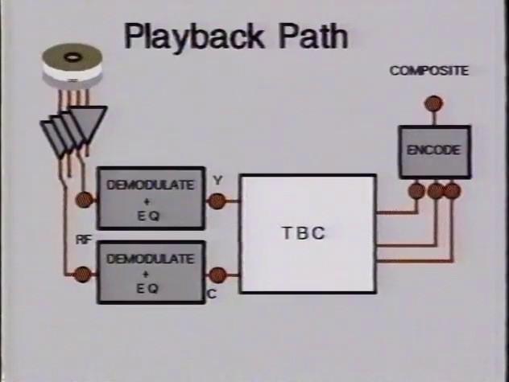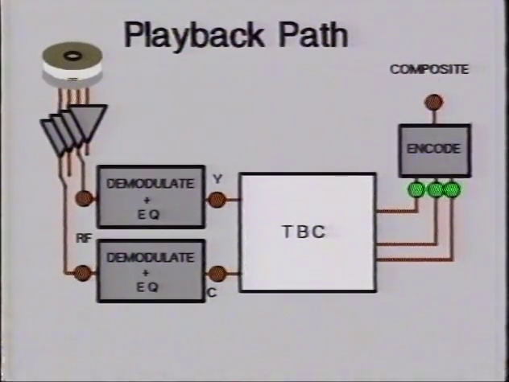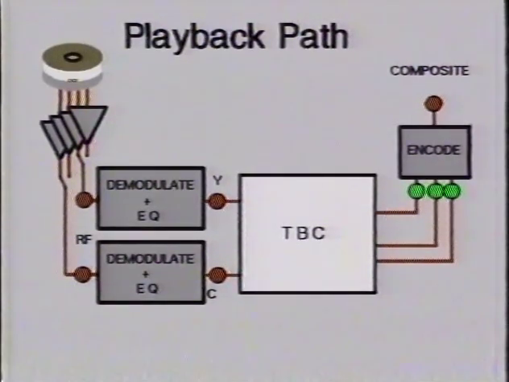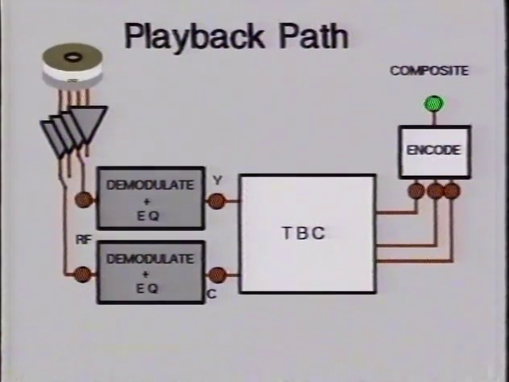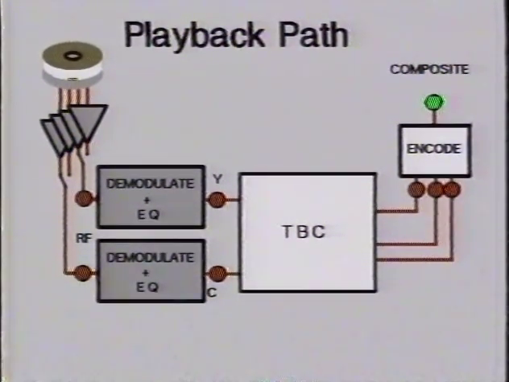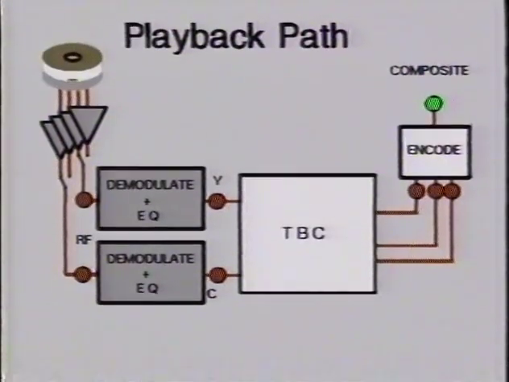The output of the TBC is of course a component signal. If required, the TBC output can be encoded for composite environments. You may be interested to know that both Sony and Dolby noise reduction techniques are covered by another tape in this series.